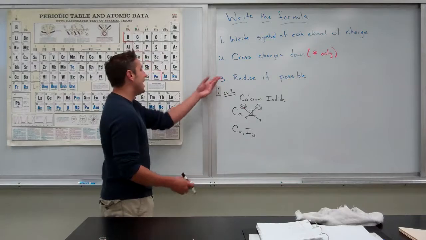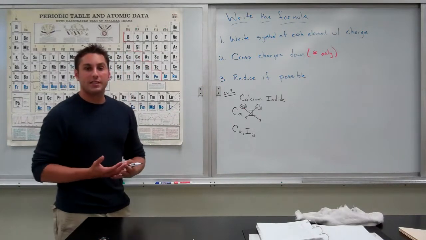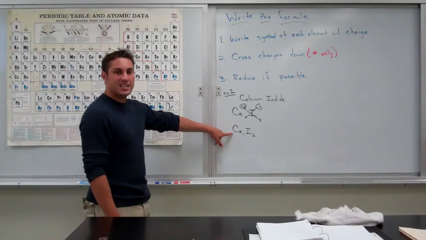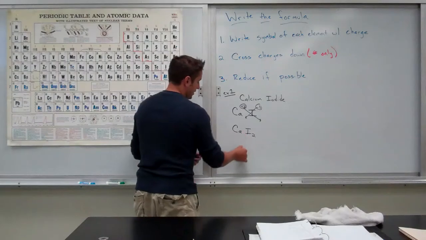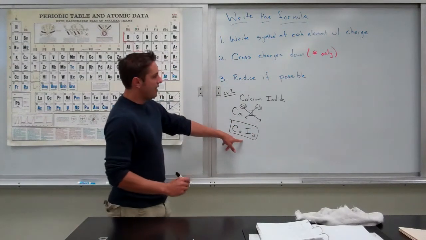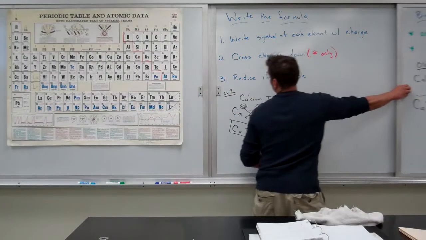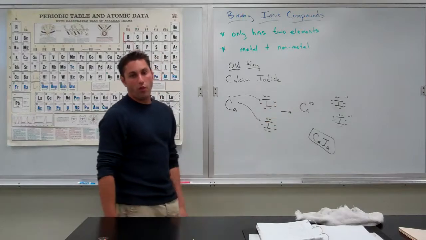And then lastly, I didn't add it here because we'll just get in the habit of doing it. We never write subscripts of 1. The fact that I have Ca written tells me I have at least 1 calcium. So we eliminate a subscript of 1, and sure enough, CaI2 matches what we got by doing it the long way.